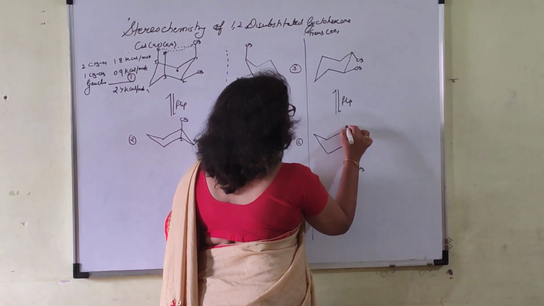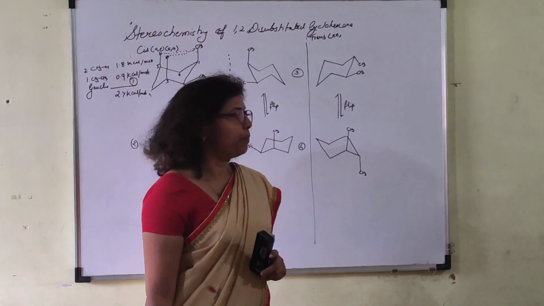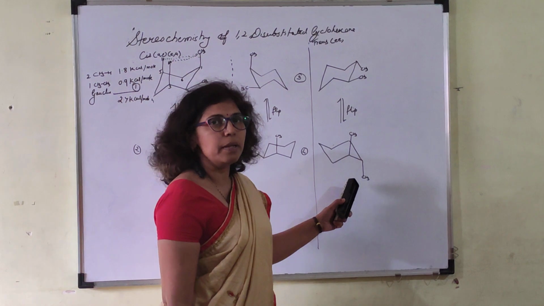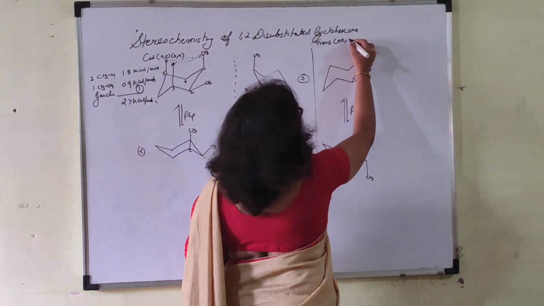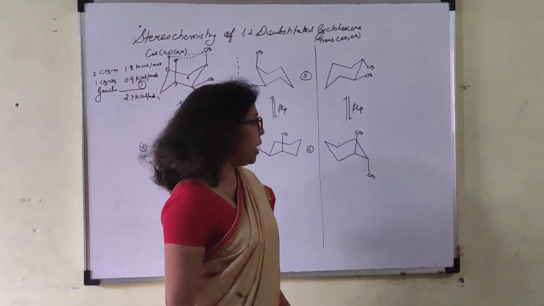Likewise, carbon number 2 equatorial CH3 goes to axial position. So another isomer possible is diaxial, AA. Either you have EE or AA.